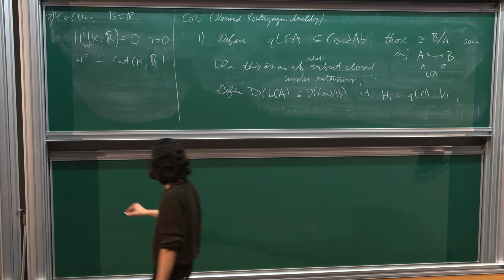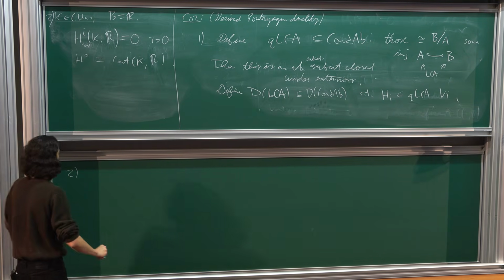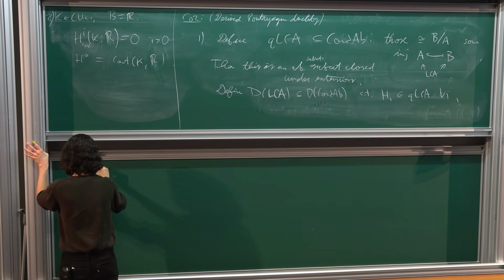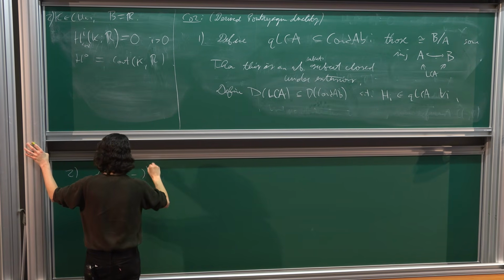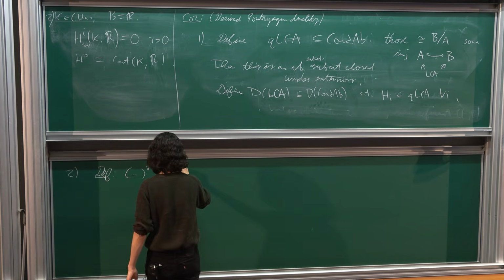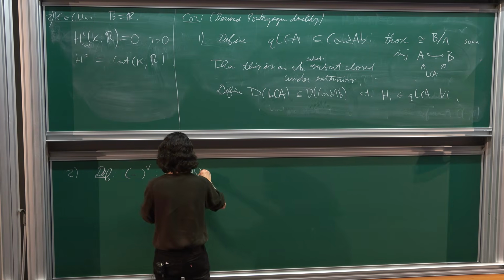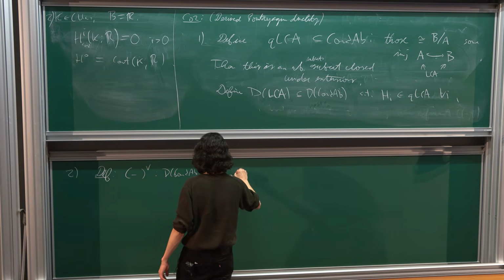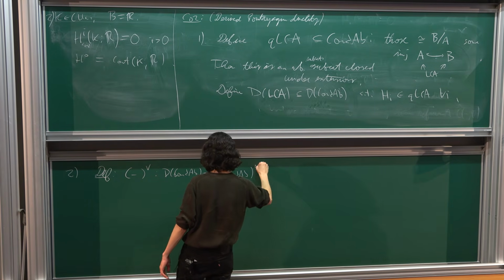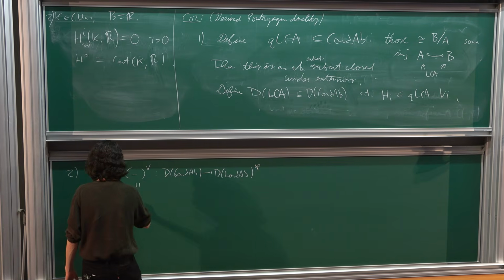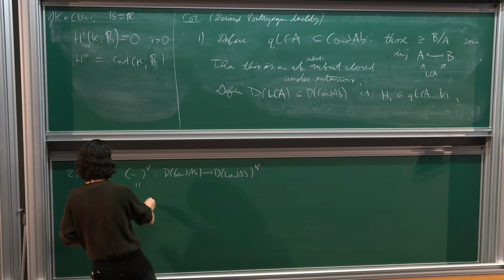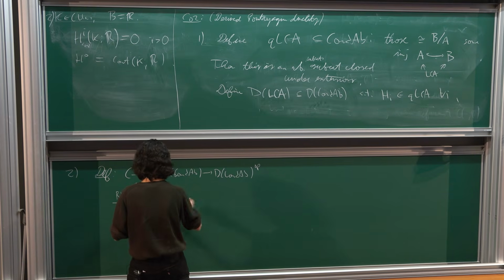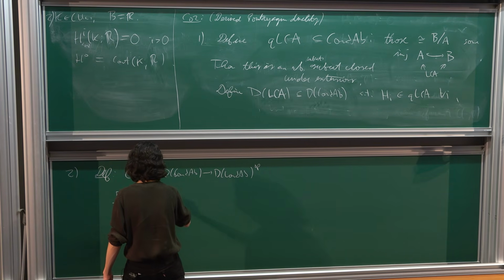So if you define a functor from D(Cond Ab) to D(Cond Ab) opposite, by sending M to the internal Hom, I'm going to write RHom just to emphasize that it's derived, but it's just the internal Hom from that guy to R/Z.